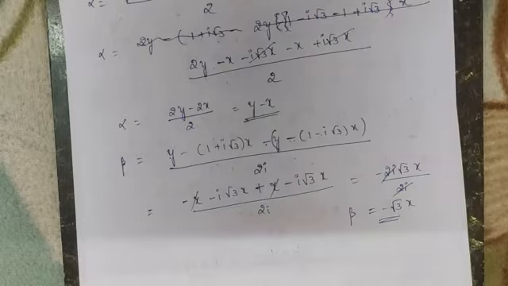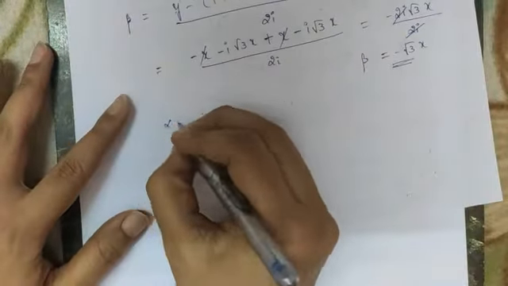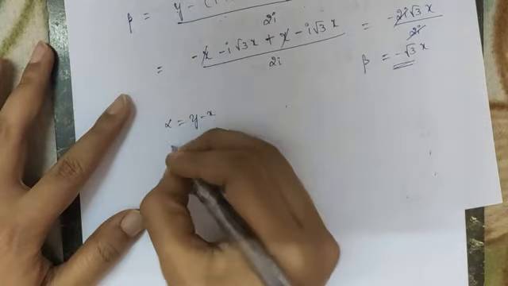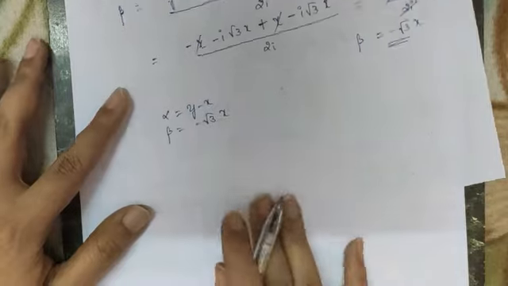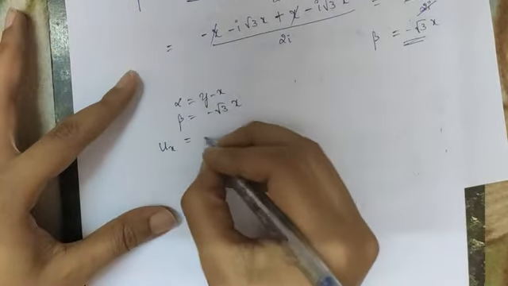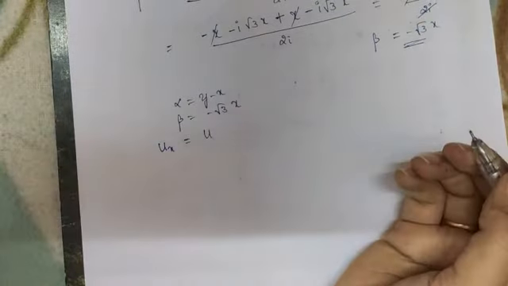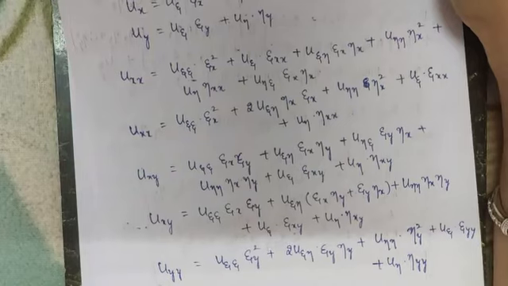So for that, what we will do is, the new coordinates are alpha equal to y minus x and beta equal to minus root 3 into x. So to find out ux, we will use the formula. Now we have to convert to canonical form, right?